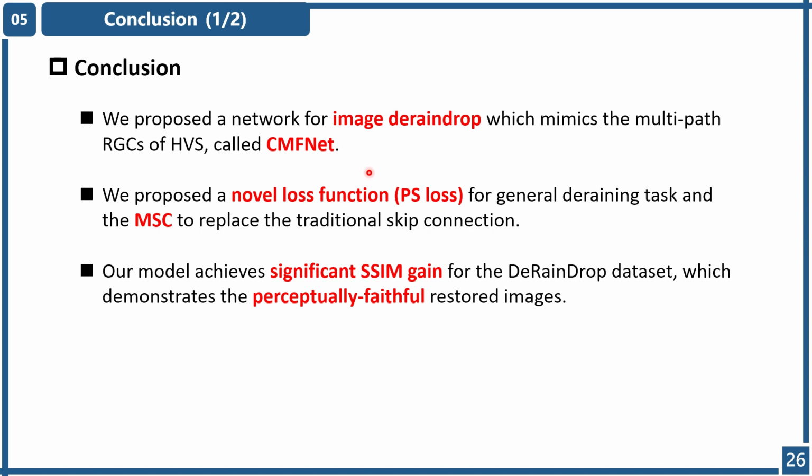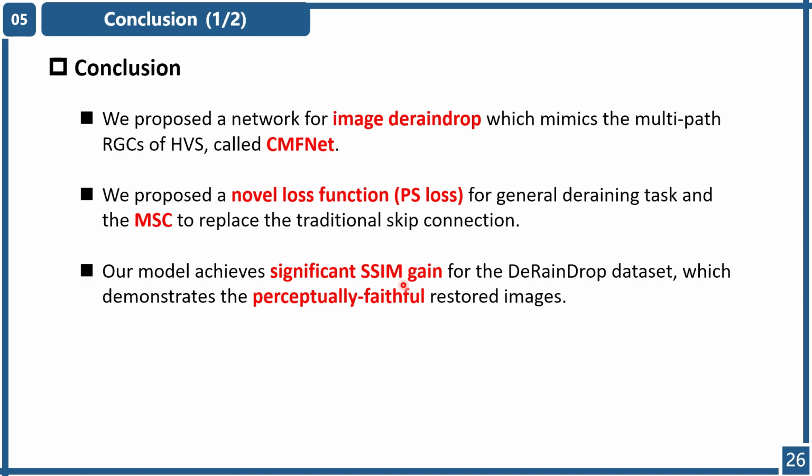We also propose a novel loss function called PS loss, specially designed for general deraining tasks, and introduce the mixed skip connection as a modern replacement for the traditional skip connection. Our model has shown significant improvement in SSIM value on the Deraindrop dataset, thereby validating its capability to produce perceptually faithful restored images.